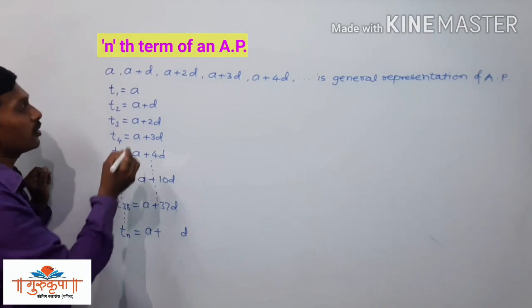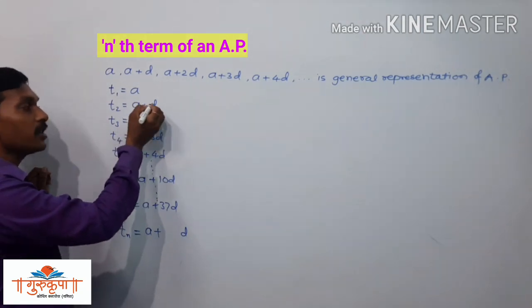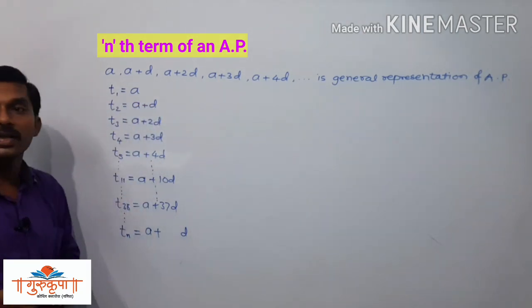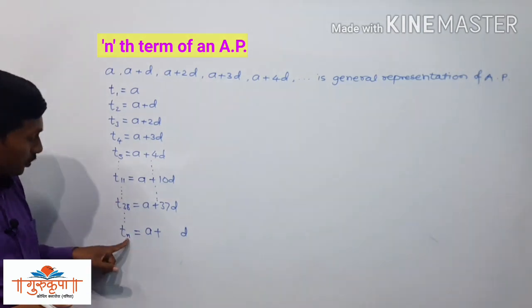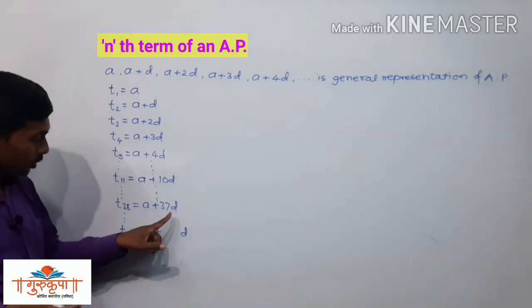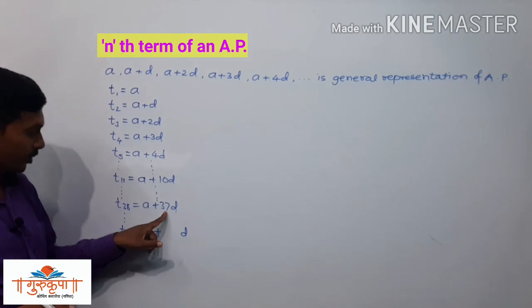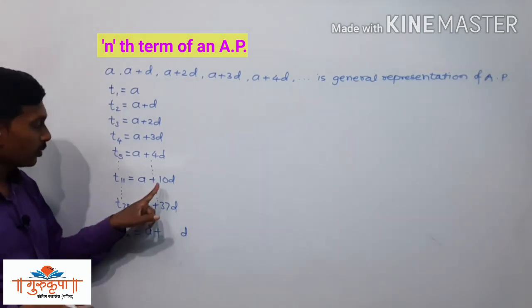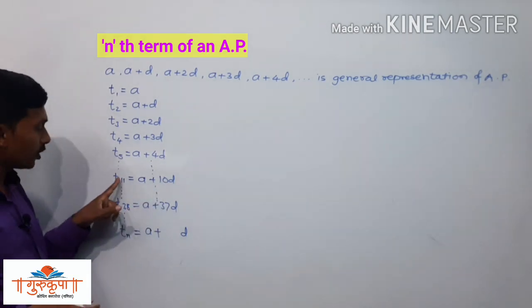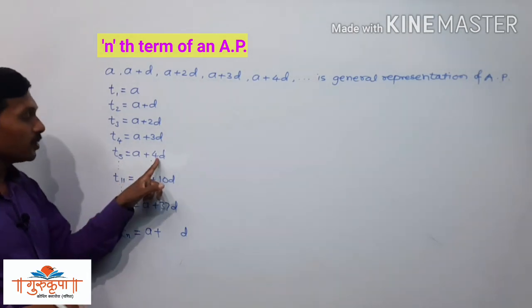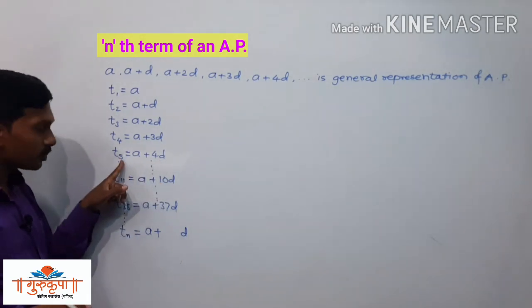If we observe carefully, the coefficient of d is always 1 less than the number of the term. See, the coefficient of d 37, number of term 38; coefficient of d 10, number of term 11; coefficient of d 4, number of term 5.